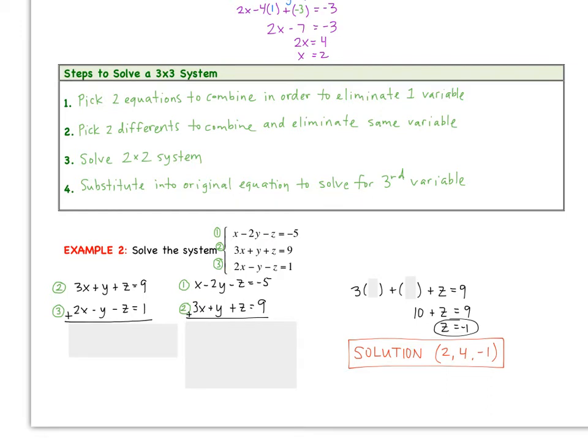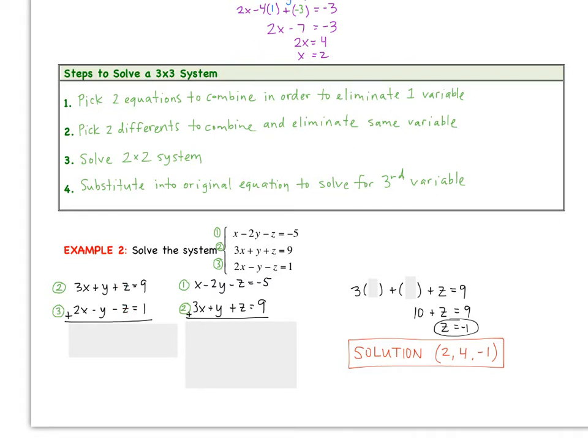Looking at these 3, it looks like we could eliminate the z's pretty easily because they all have the leading coefficient of 1 and some have different signs. So I'm first going to take equation 2 and equation 3 and rewrite those. I don't need to manipulate them in any way because my z's are already opposite signs.